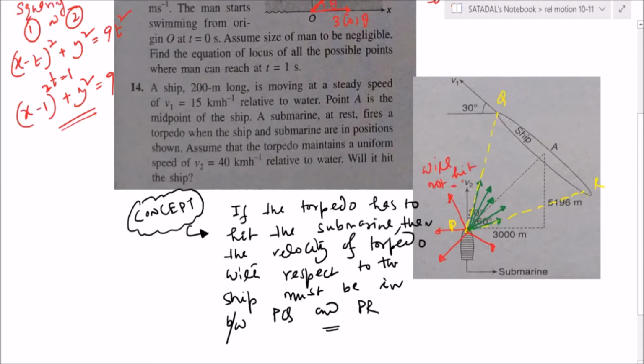Tell me, is the concept clear to everyone? Respond please. Is it okay for everyone? Did you understand this? Okay, right. Next, does anyone have a doubt? Feel free to ask.